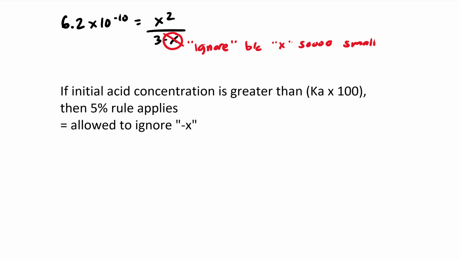As long as you state that on your paper, you'll receive full credit and proceed with crossing out the minus x and simplifying your math. But in this class, yes, for any weak acid and any weak base for that matter, you'll be allowed to ignore that minus x.